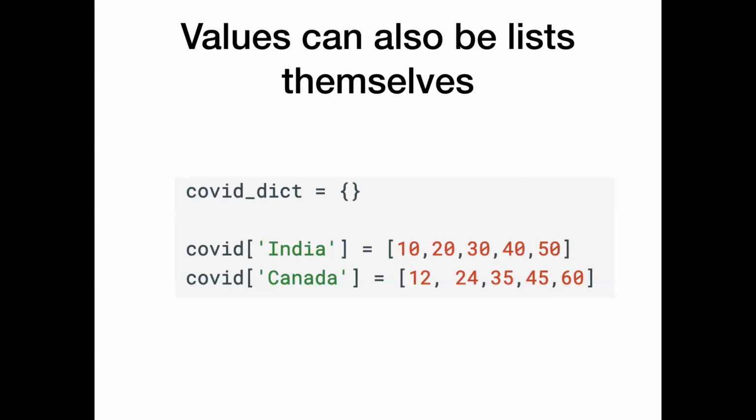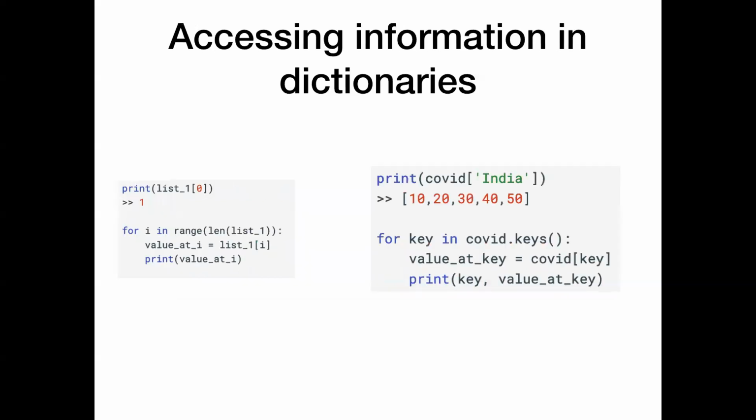You make dictionaries of dictionaries all the time. This one is a dictionary of lists. The previous one was a dictionary of numbers. Essentially, you could store a lot of different kinds of objects as values for dictionaries. The reason I go into this is because we'll actually see this in the later half of the lecture.